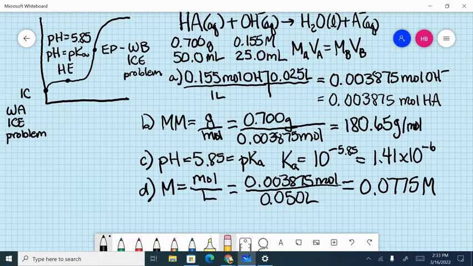So you would plug in the molarity and volume for the base, and this for the acid, and solve for the molarity. If it takes half the volume of base, then you expect the concentration of the acid to be half as much, which is exactly what we calculated, so that makes sense.